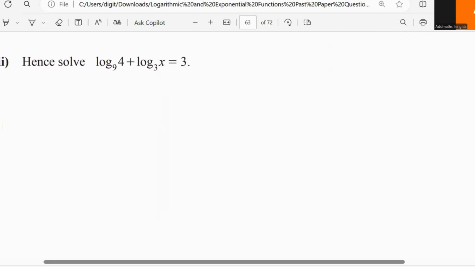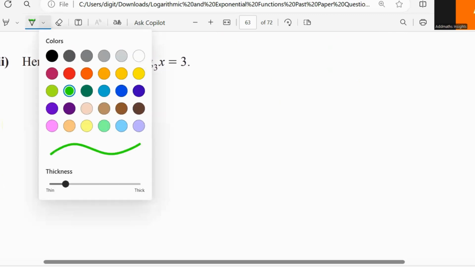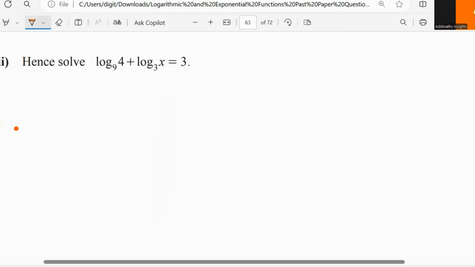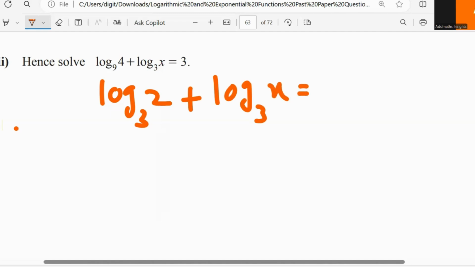So here you can write log 3 of 2 as well. This is log 3 of 2 plus log 3 of x is 3.